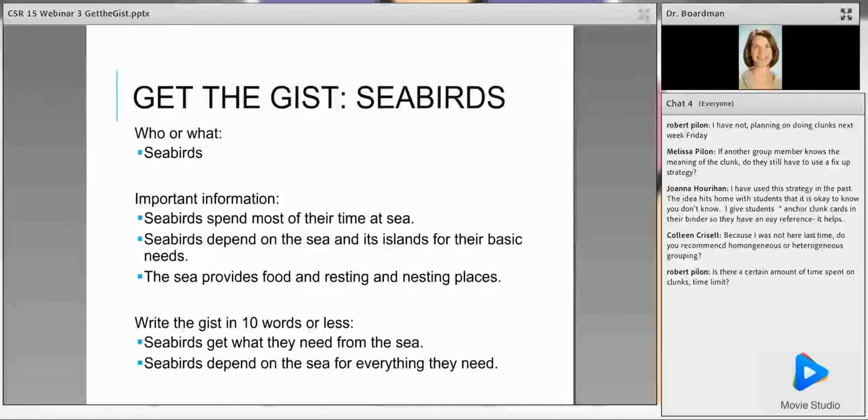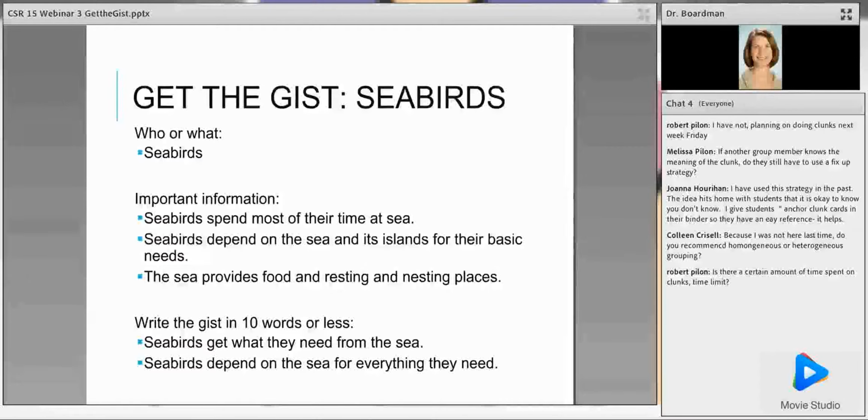Another thing that can be really important for students is to do this intermediate step, the important information, in their small group. So they can either write down some of the key points on their learning logs, and we have a scaffolded learning log that gives space for that.